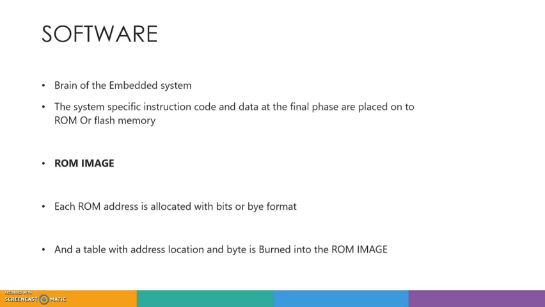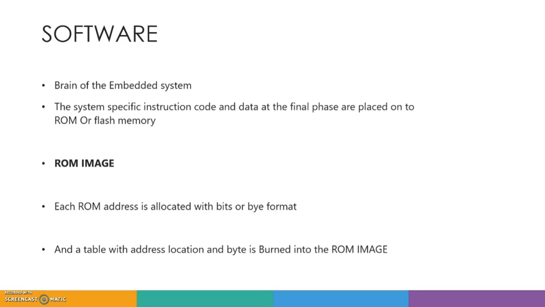After doing the coding for the embedded system's working, we make a final code and combine it with the data, and this final phase is burned to the ROM or kept in the flash memory. Since it is kept in the ROM, and that is the final code based on which the embedded system will work, this code is called the ROM image. Along with the ROM image, there will be a file with 2 columns.